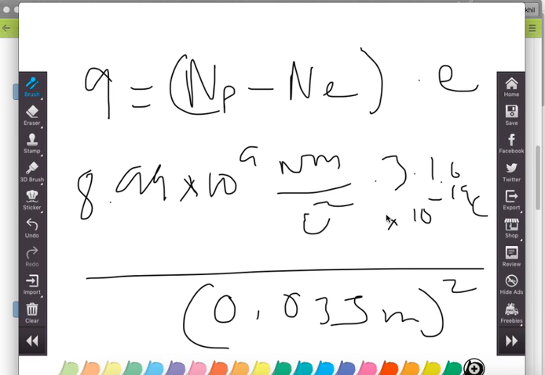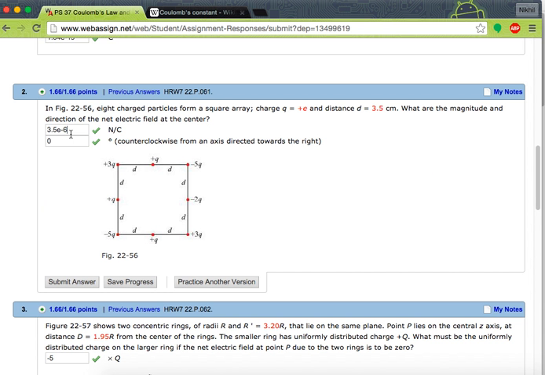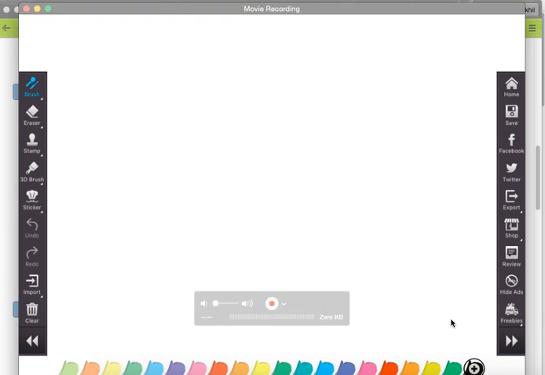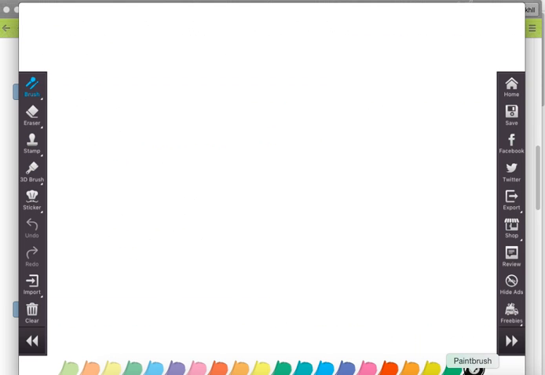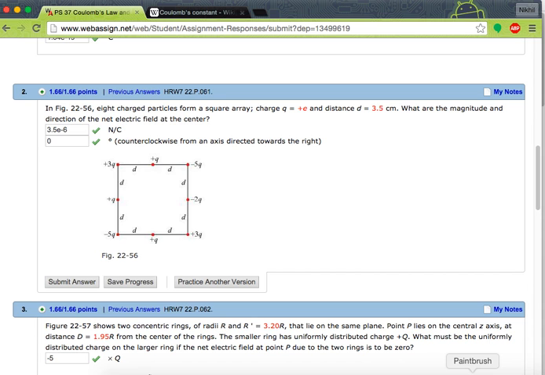Now, this will get you this answer, very likely. I would be surprised if it didn't. These cancel, this cancels, you get newtons per coulomb. So the units check out, and so does the answer, most likely. Oh yeah, you didn't see that, because I was just canceling units on the side. I forgot to switch tabs.